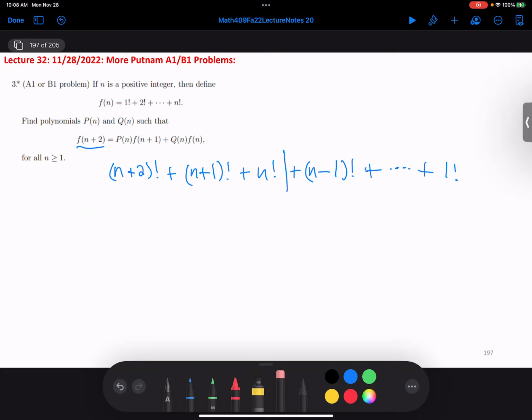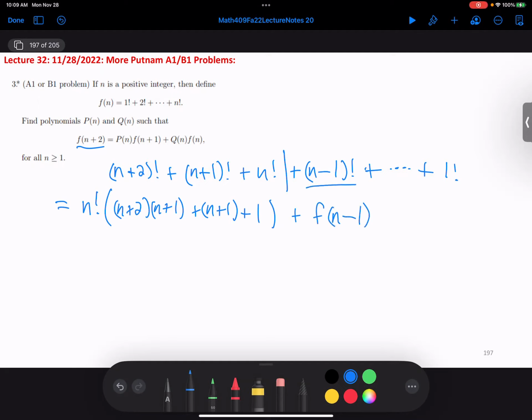We're going to factor out an n factorial from the first 3 terms here, and then for the rest, we're just going to use this f of n notation. So we have f of n minus 1 for this here.